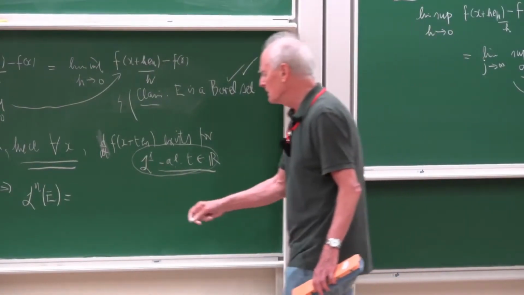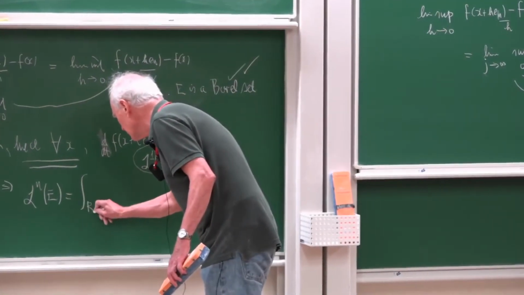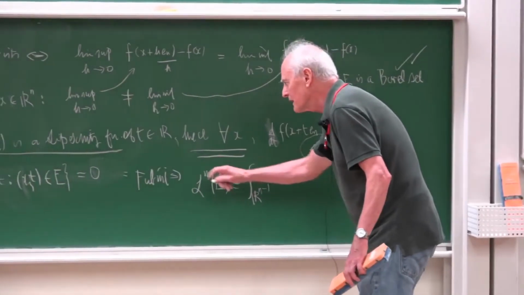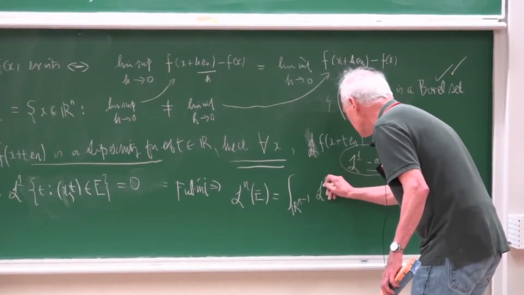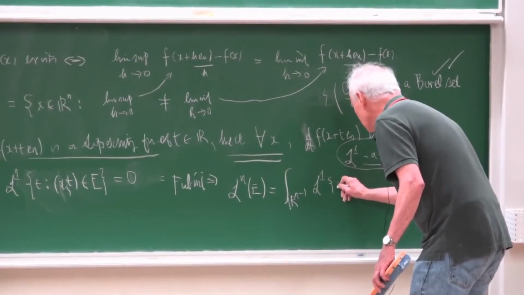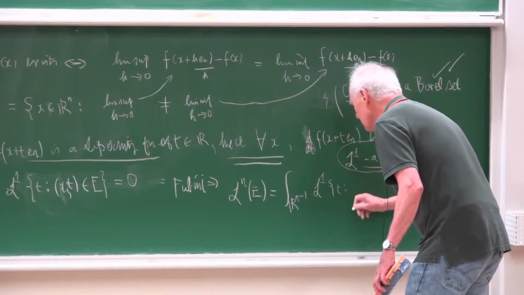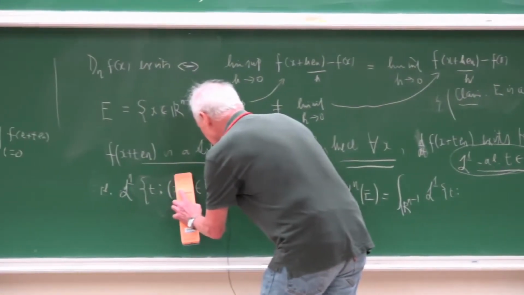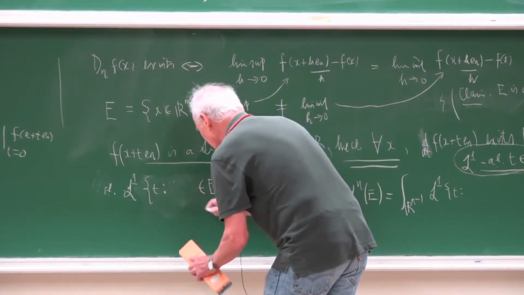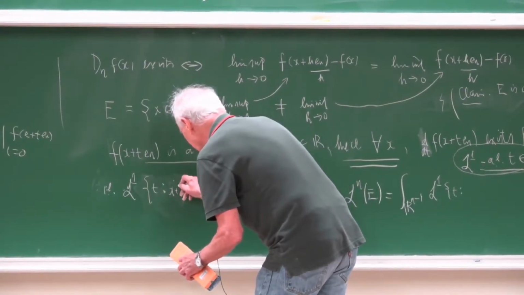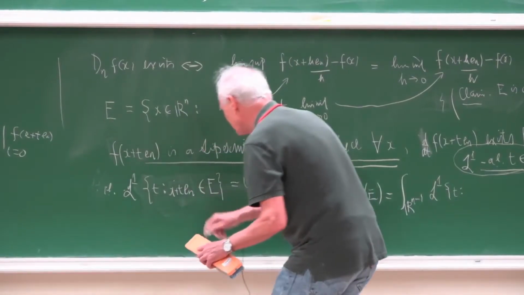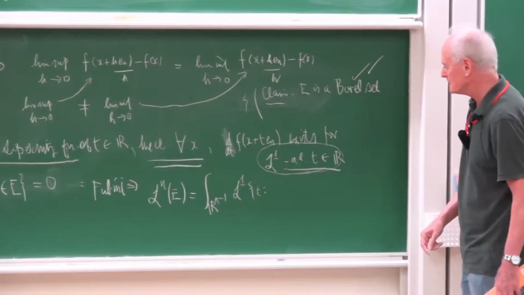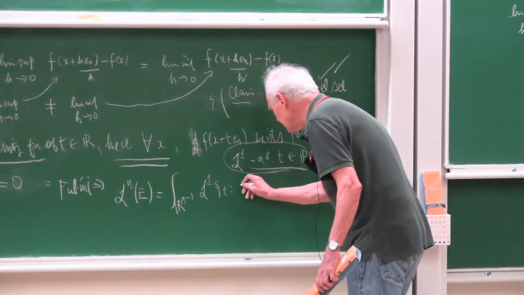So according to Fubini, this is the integral over Rn minus 1 of the L1 measure of this set of t such that x plus t e_n is in E. Let's use a slightly different notation here.